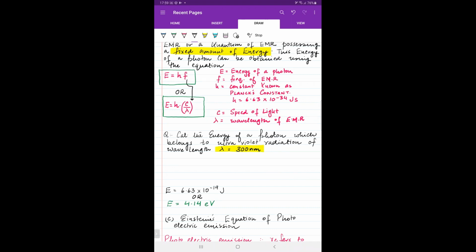If you apply the formula, and I'll go with the second version, with the Planck's constant available, speed of light also a known constant, and the wavelength for ultraviolet given in this case as 300 nanometers.